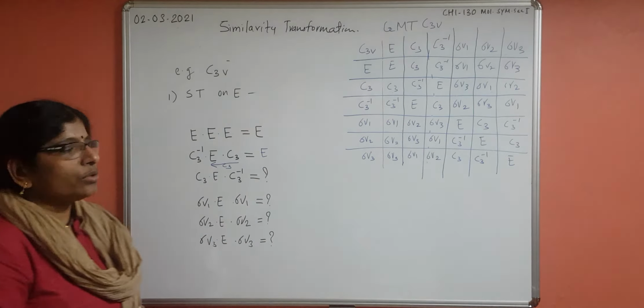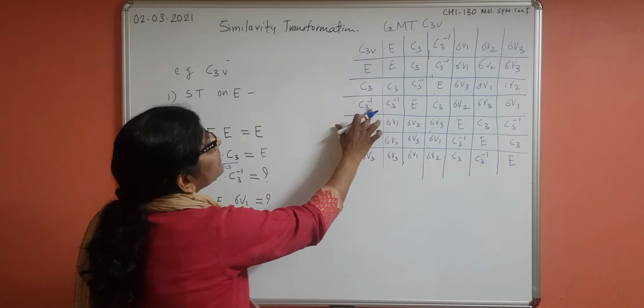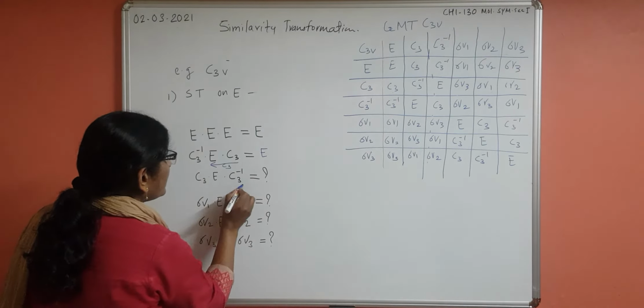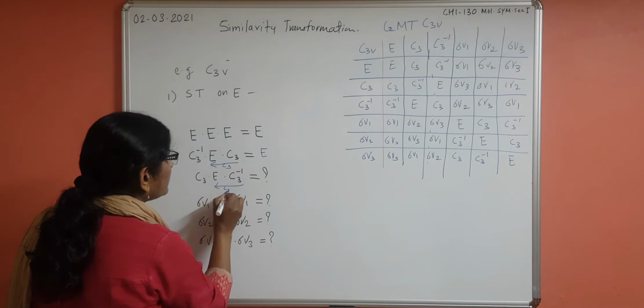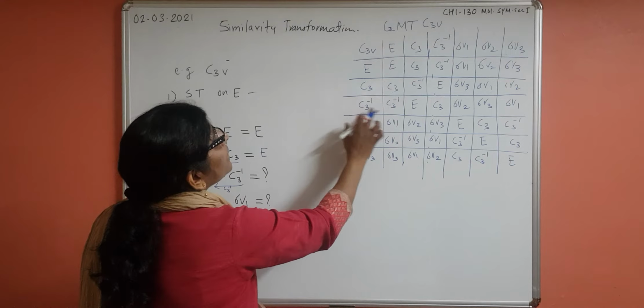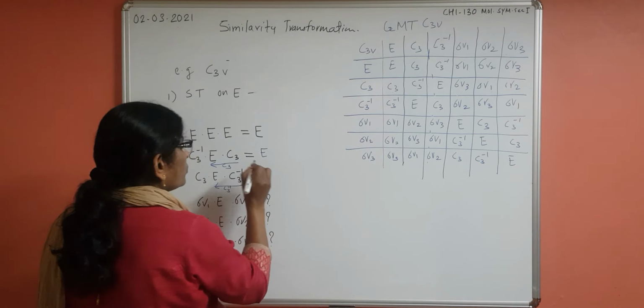Now third, C3 inverse into identity is C3 inverse. Now C3 inverse into C3 is identity. So like this you have to solve.